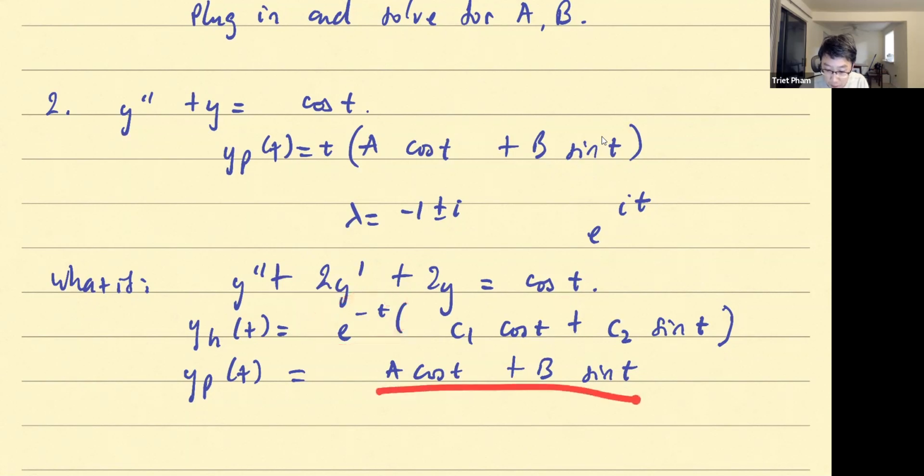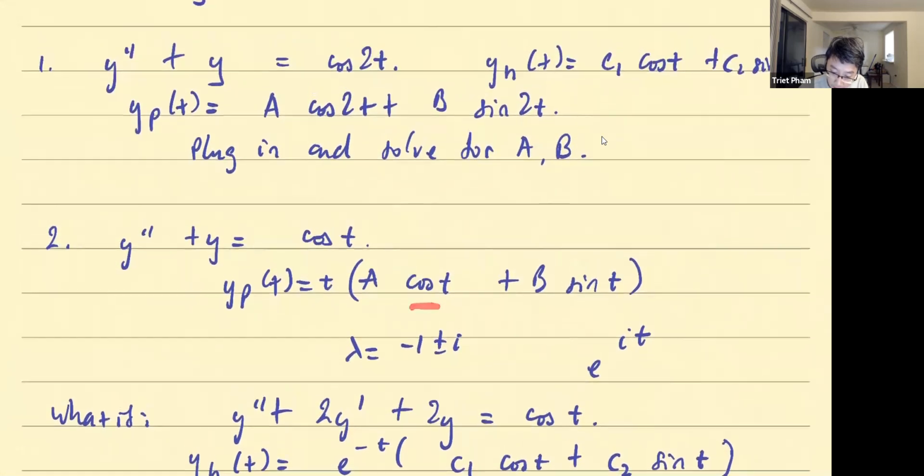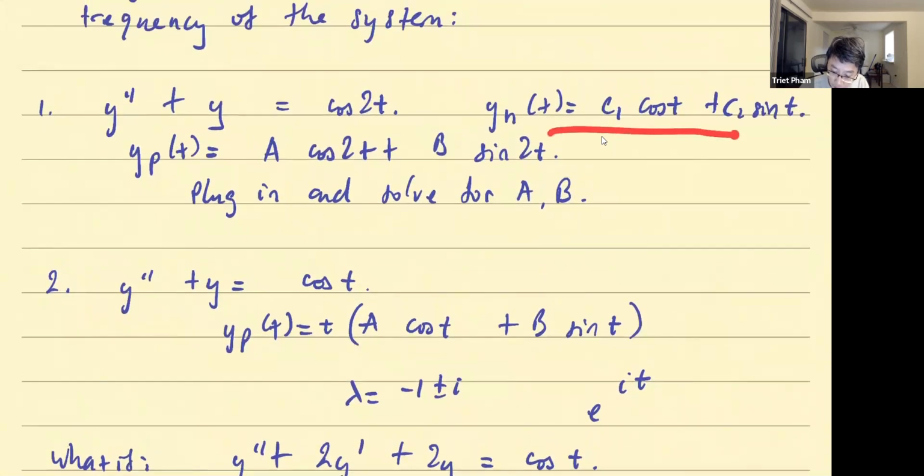So the guess is still this. But if there's no middle term, then there could be a danger of coincidence between your homogeneous solution and your guess. And so you may need a t if this and this coincide. Is that okay?